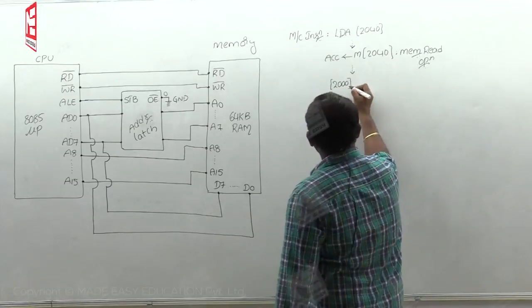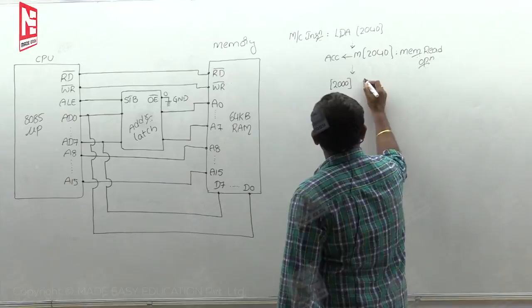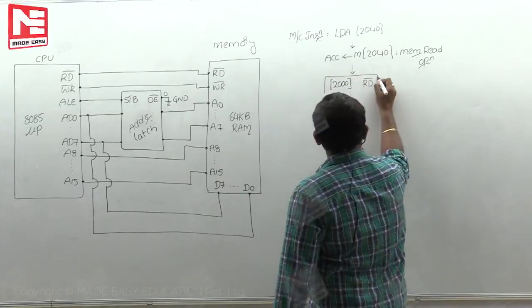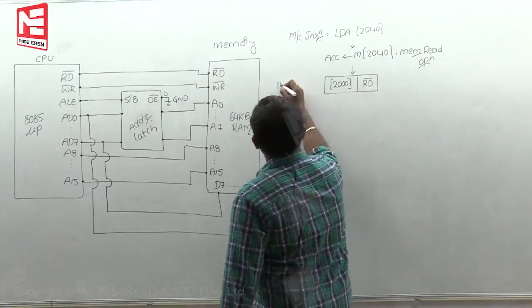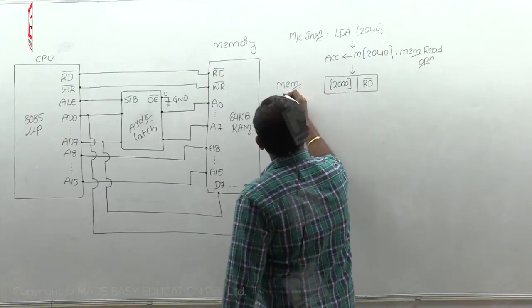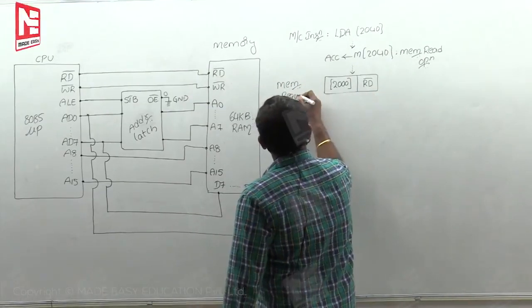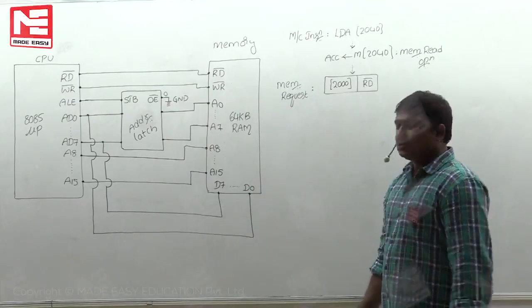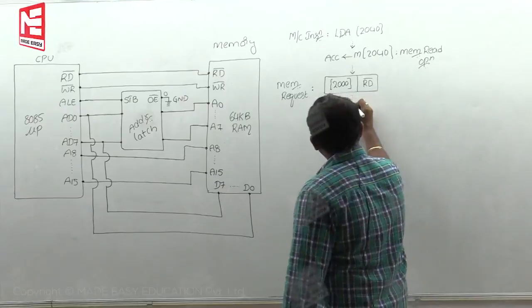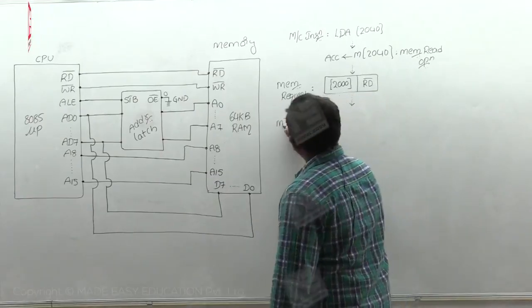The CPU request is an address along with a control signal. The CPU generates the memory request: address and control signal. So to complete this memory operation, there is a need for a machine cycle.